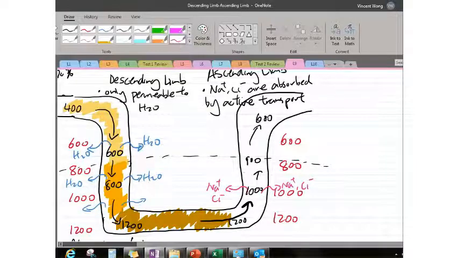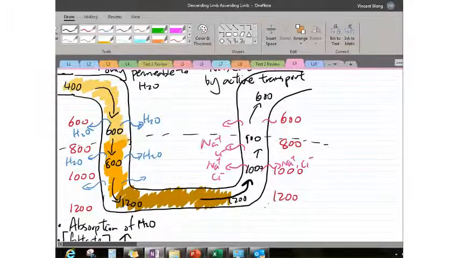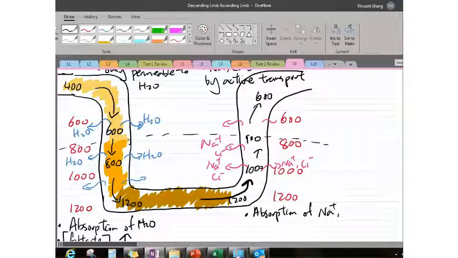As you go up, you take back more NaCl. So the main function of the ascending limb is absorption of NaCl, and because you're taking the salt away, the concentration of the filtrate goes down.